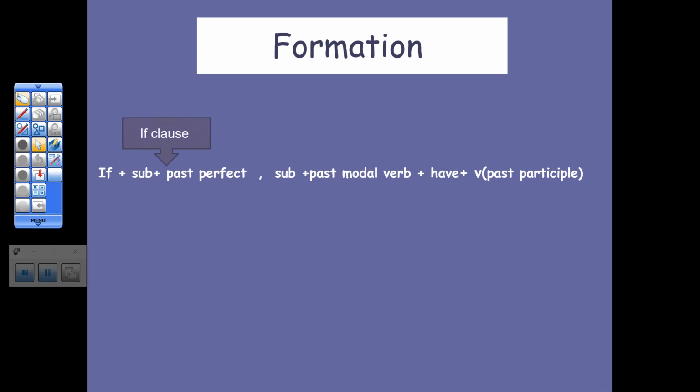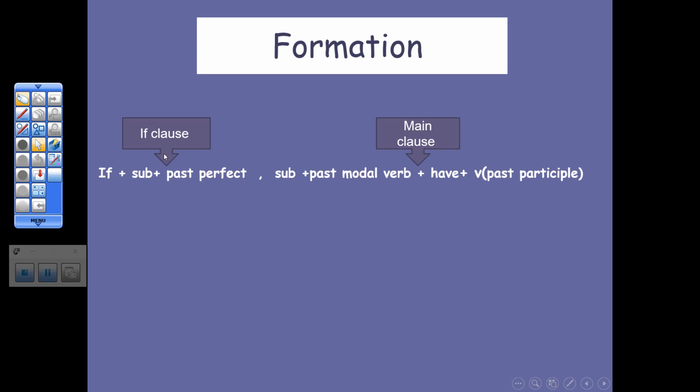The second clause consists of subject, past modal verb, have plus verb past participle. We call this clause the main clause. So we have two clauses. The first one is the if clause and the other one is the main clause.